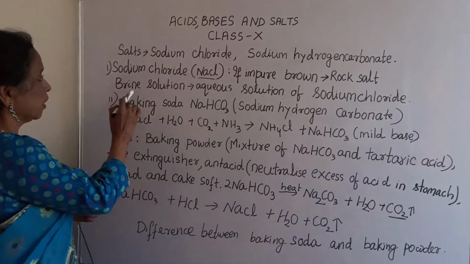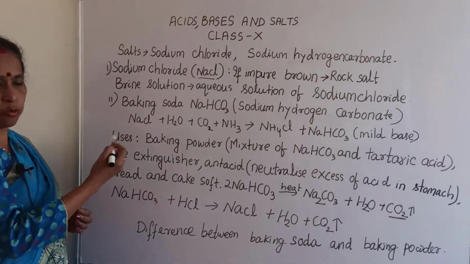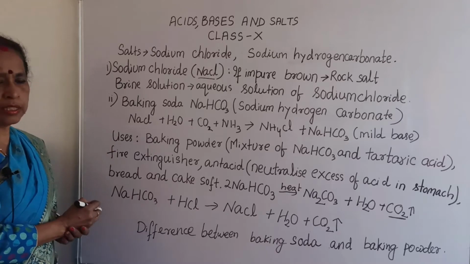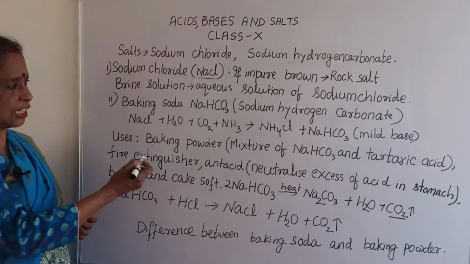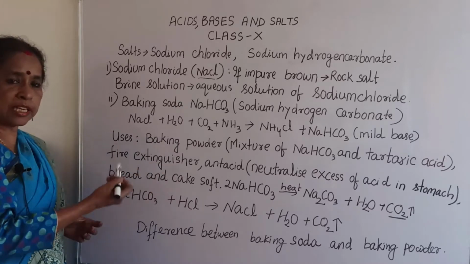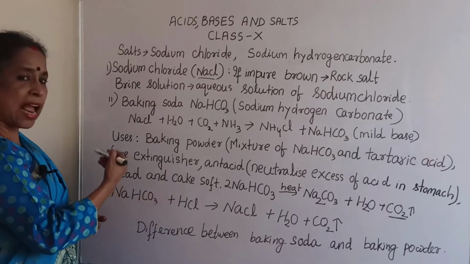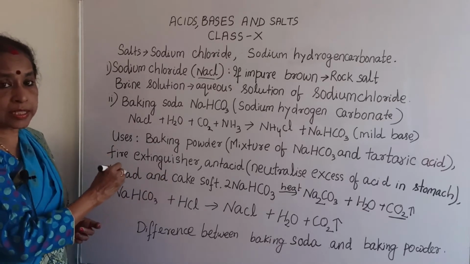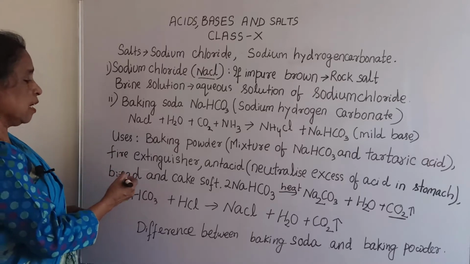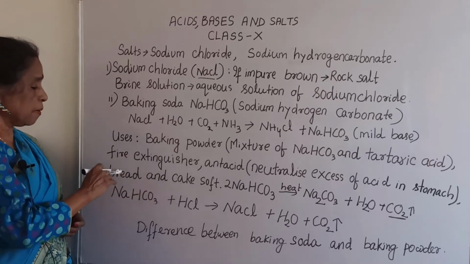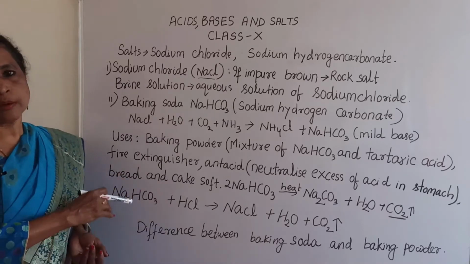Now again see, sodium chloride is brine solution in water, baking soda, sodium hydrogen carbonate, is generally used in our daily life in the kitchen. It acts as an acid in the soda acid fire extinguisher, acts as a good antacid, and it helps to swell up the bread and cake. That means bread and cake become soft.